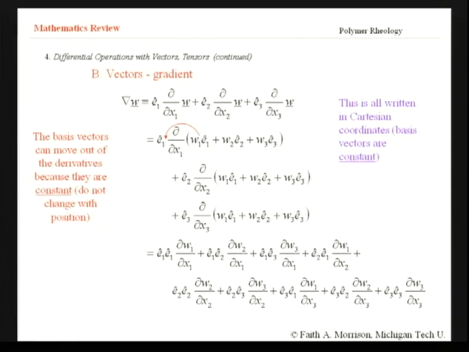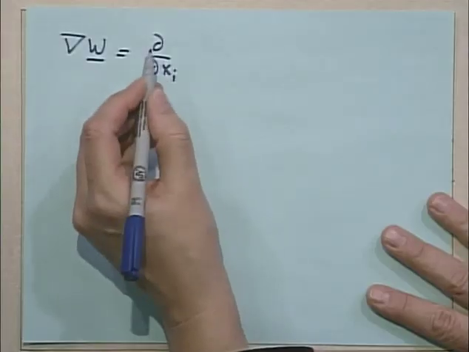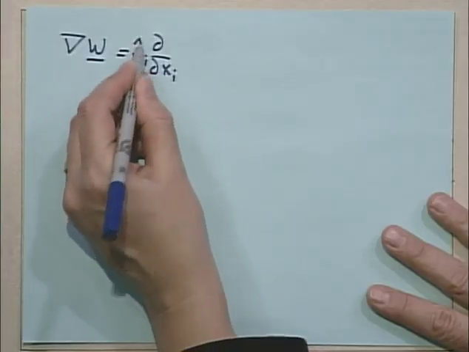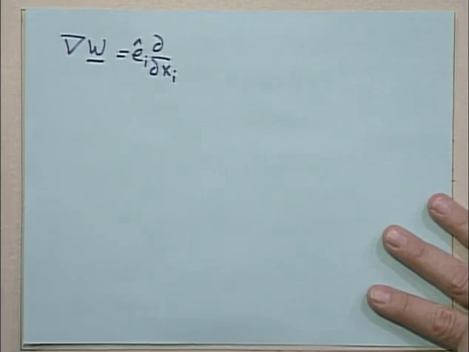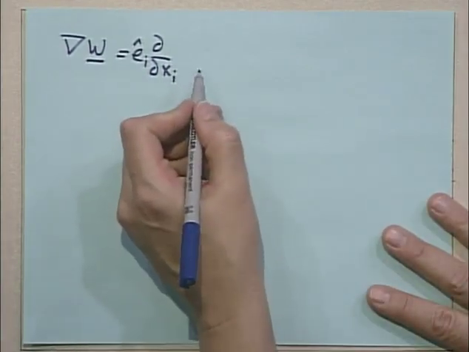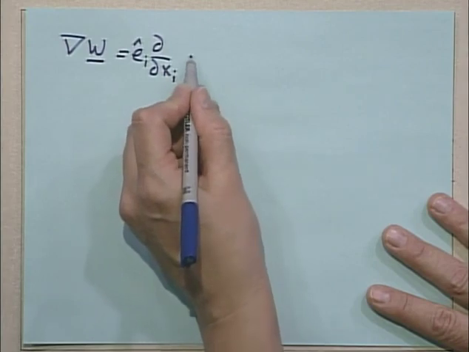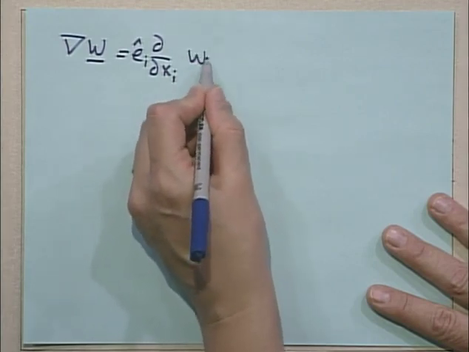Again, del of W, we just write everything out in Einstein notation. So this is d by dxi, ei in the front. That's del. And then W we write using whatever subscript we feel like. So W_j e_j.